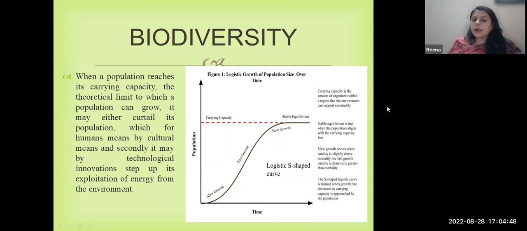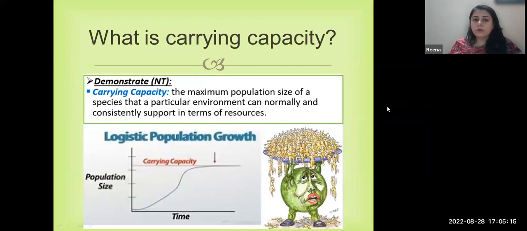So this graph basically shows you how there has been a slow growth when the population of any species is less, and when it reaches carrying capacity, again it goes into a slow growth mode. Why? Because now there is a stable equilibrium, but at present we have more population than the carrying capacity, which the environment is not able to support.